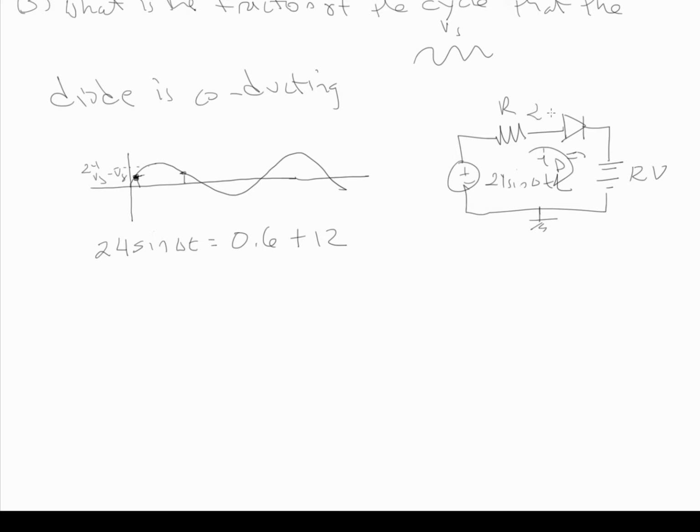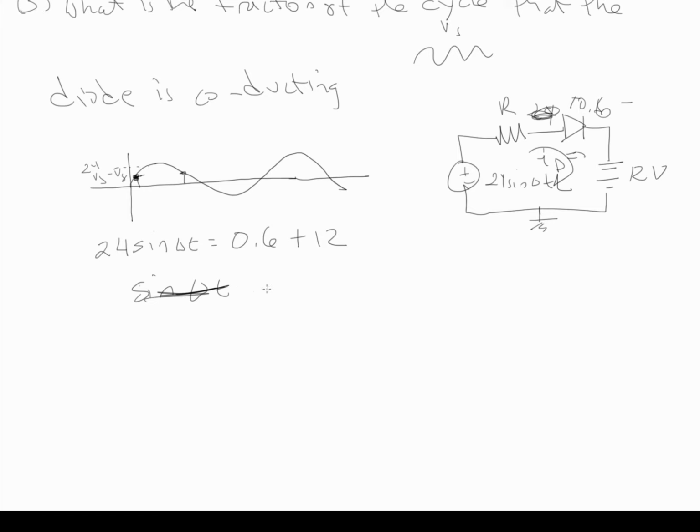Then this is 24, this is plus 0.6, and this is 12. And so you do KVL, it's 24 sine omega t. There's no drop here because our current's still equal to 0. And then we have the 0.6, and then we have the 12. And so then we just solve for omega t.